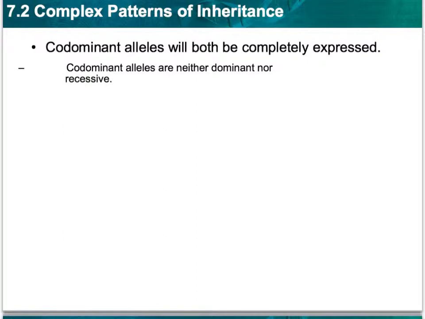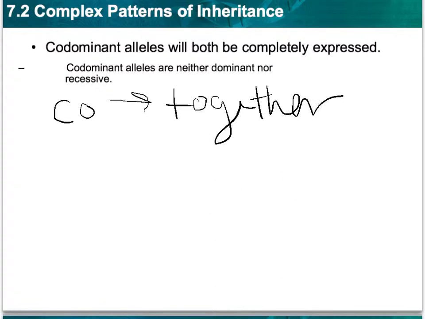Now we're going to look at codominant alleles. First, let me point out the meaning of the prefix co, which means together. Think about it. You have cooperate, which means to work together, coexist, exist together, cohabitate, habitat together.